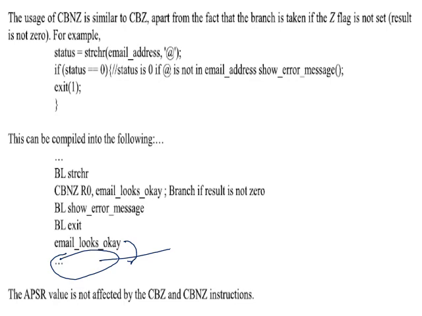If R0 is 0, then immediately it will execute this and show the error message. Then it will exit. This is a very small example, checked with respect to the APSR register.